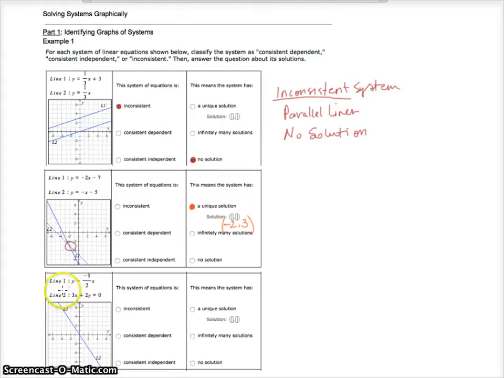We're not done yet. The last thing we need to look at is what type of graph it is. Well, it's not inconsistent because it has a unique solution. This one's actually going to be consistent independent. It has at least one solution, but everything about them are independent of each other. So let's mark consistent, independent.